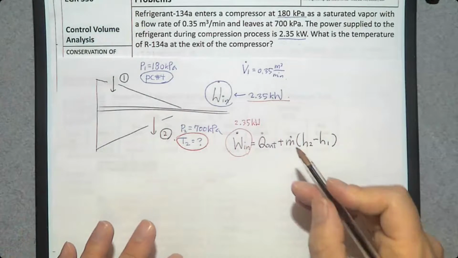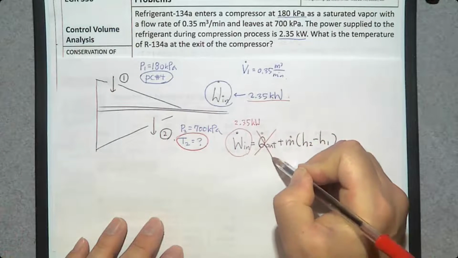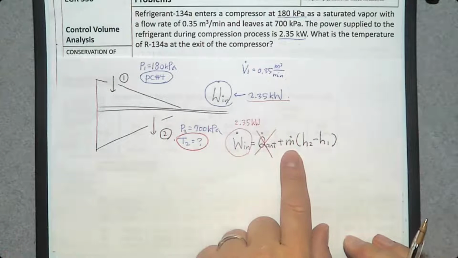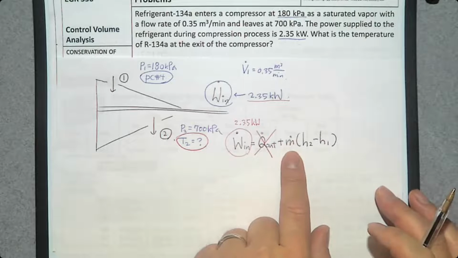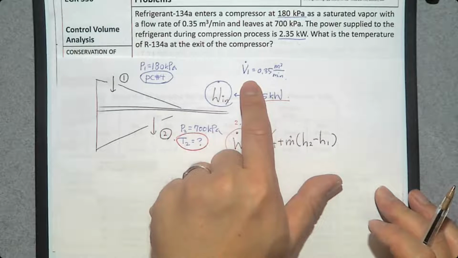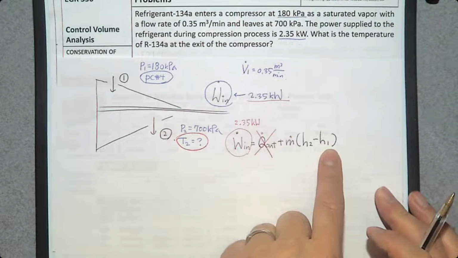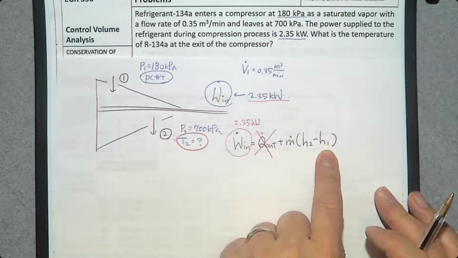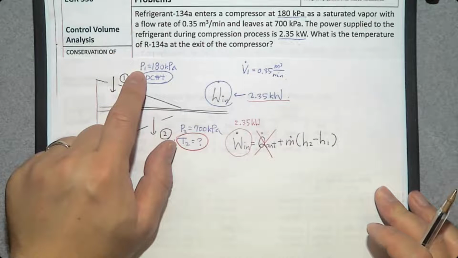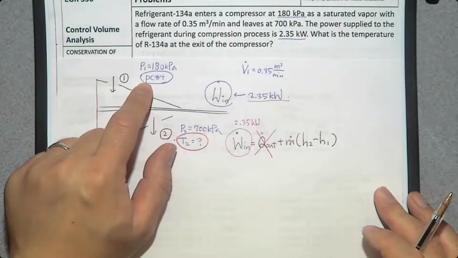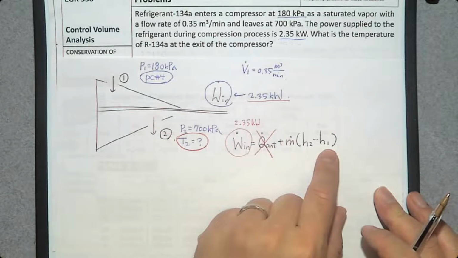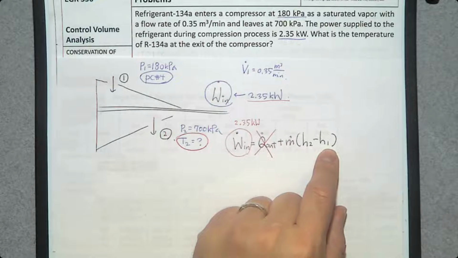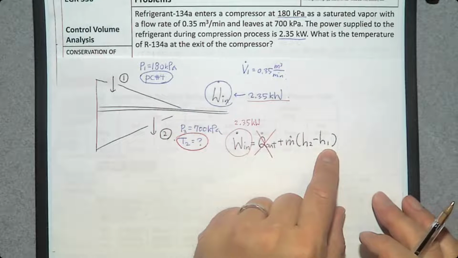So it's an adiabatic compressor. What about m dot? Oh, we can find this m dot from the volumetric flow rate. What about h1? Oh, we can get h1 from P1, and it is a saturated vapor. So h1 is going to be hg, saturated vapor.